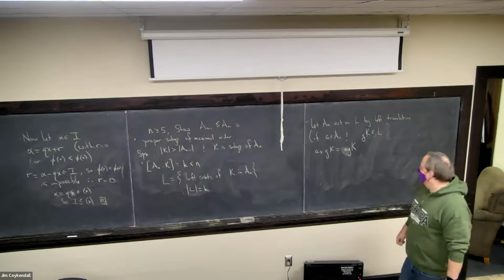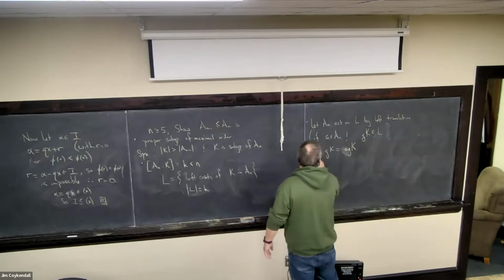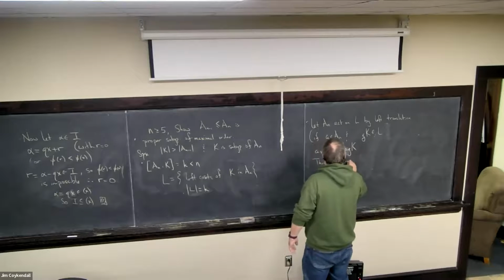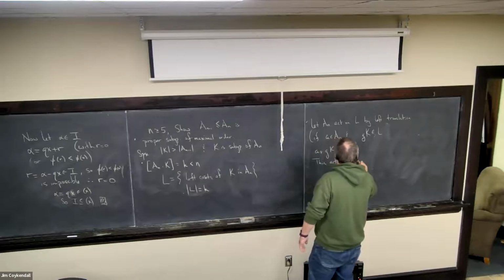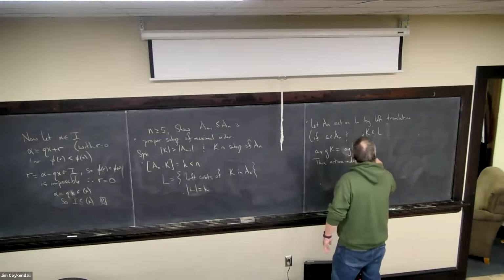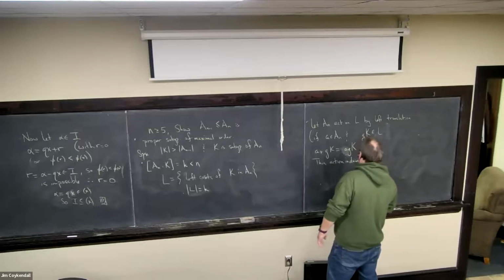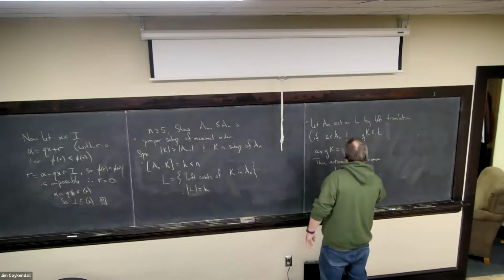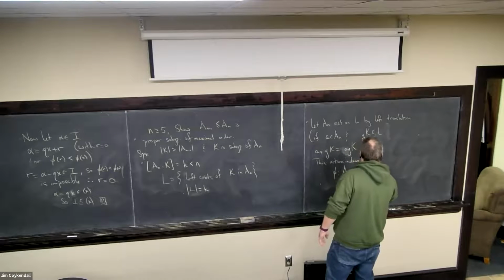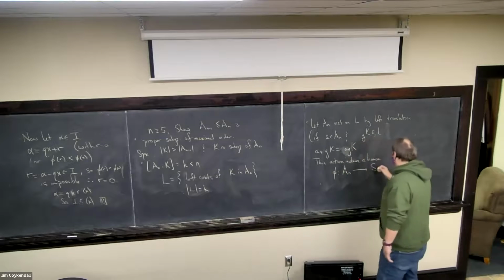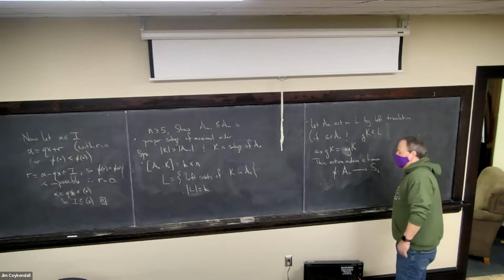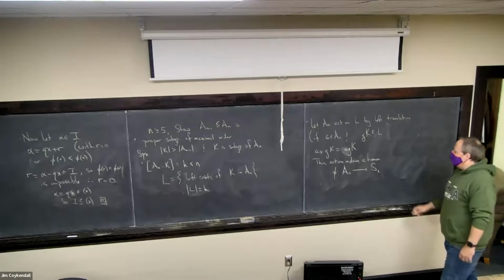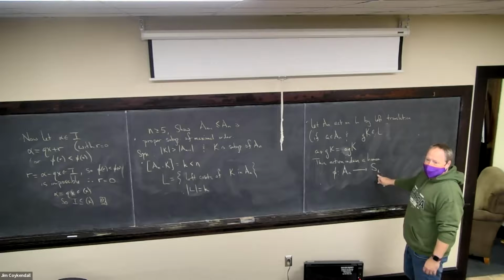This action produces a homomorphism phi from A_n into S_k, the symmetric group on k things.